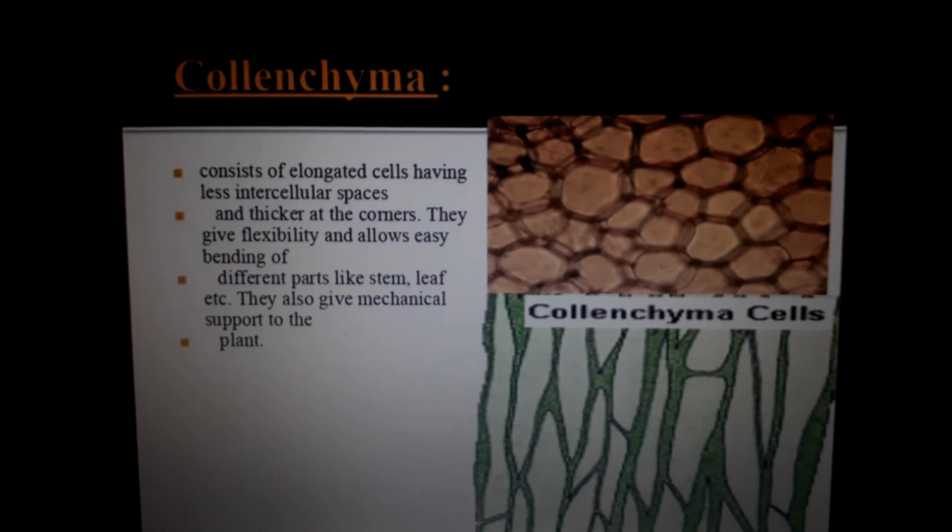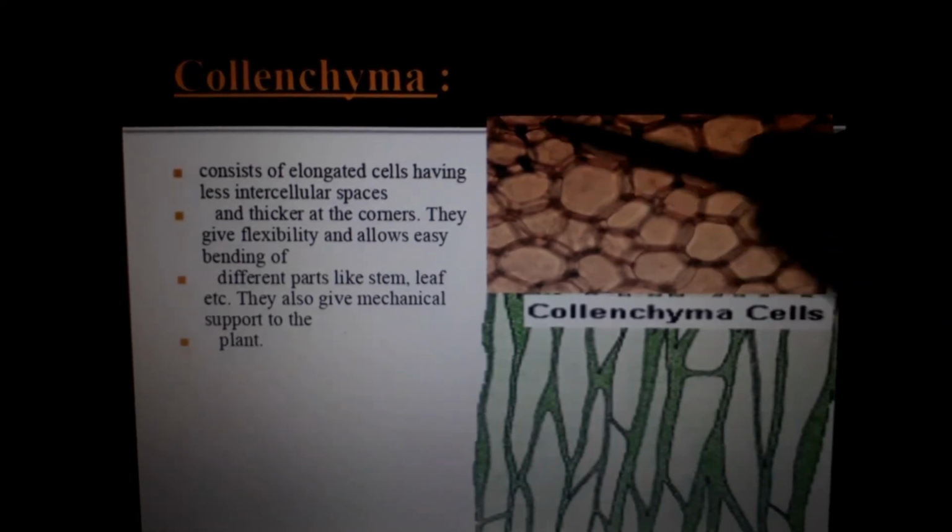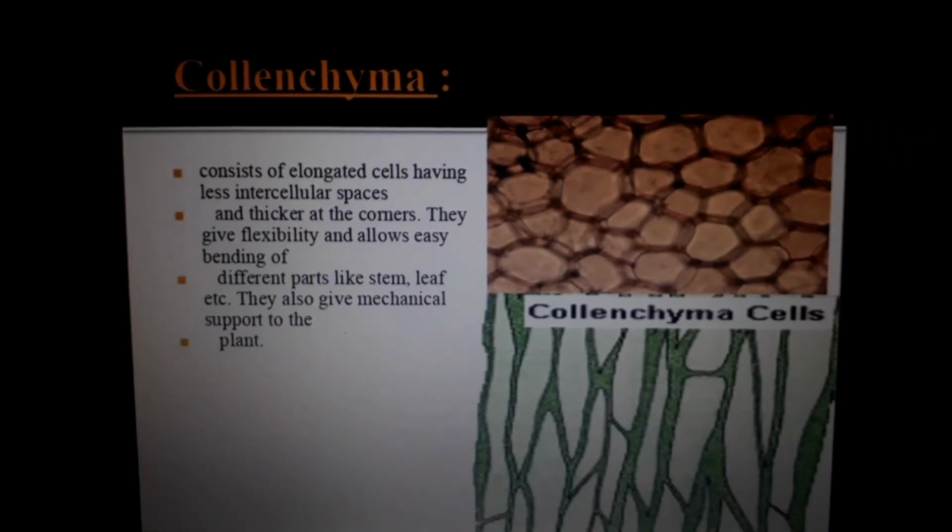Some gaps are there. Small gaps we can see. They are the reason for flexibility of the trees. If we climb a tree or bend a rose plant, it is flexible, isn't it? It is flexible because collenchyma is present in it.